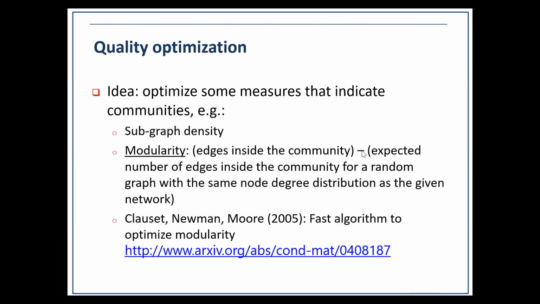But we subtract from this number another number of links, and that's a bit more abstract. That's the expected number of links we would have in the community if the degree would be randomly distributed among all nodes. Let's see how that works on the whiteboard.